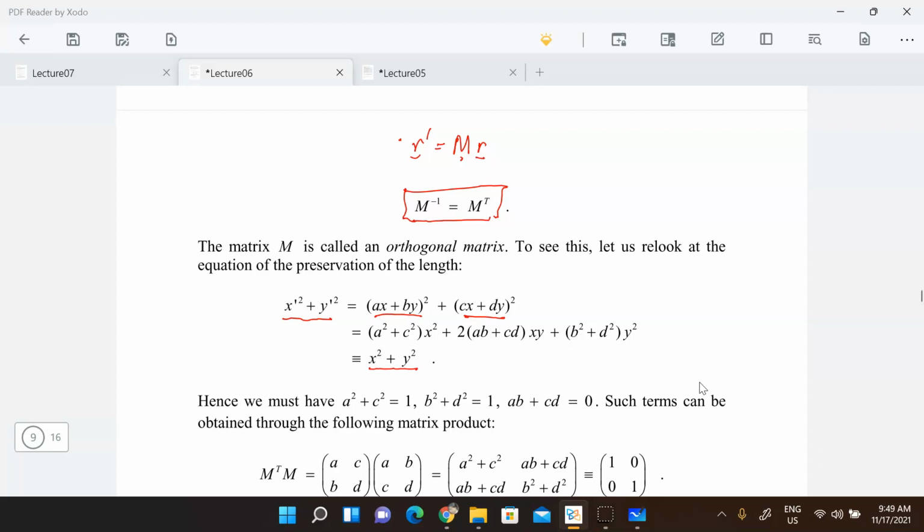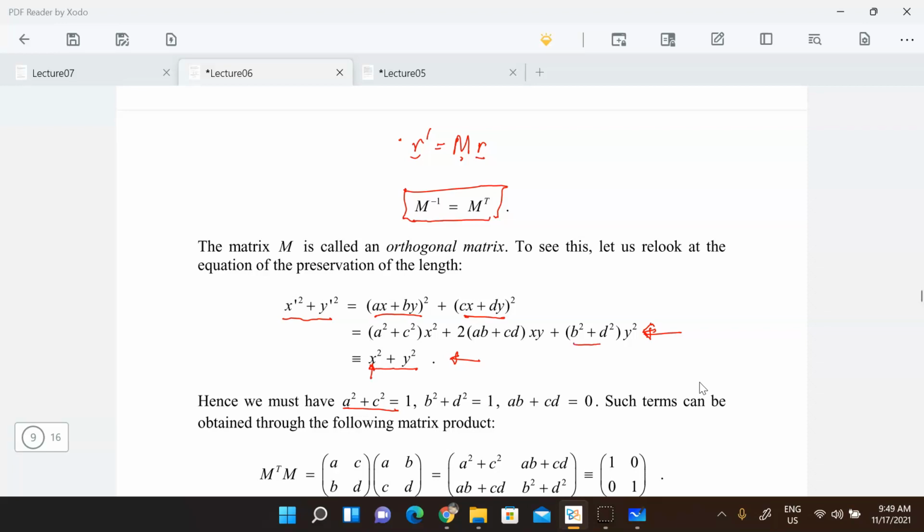If I compare the second line with the third line over here, I need a squared plus c squared equals 1, so that I get x squared here.